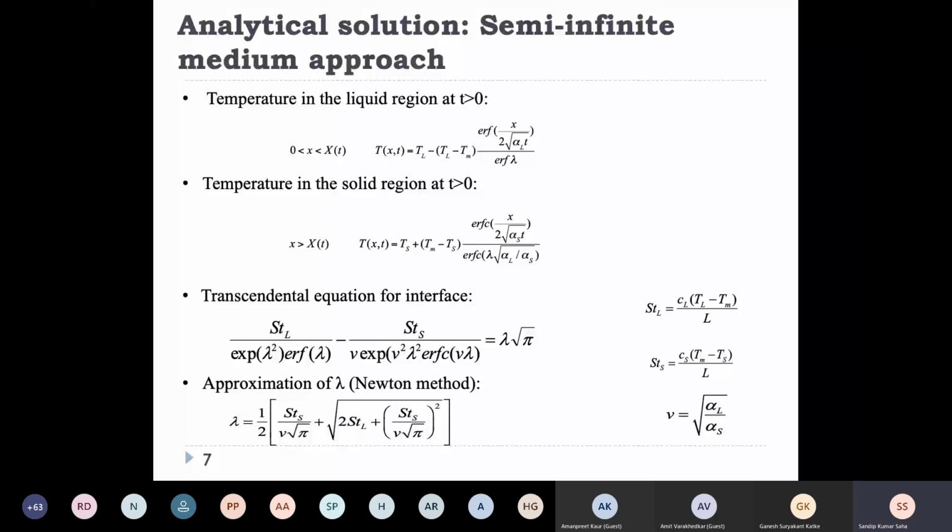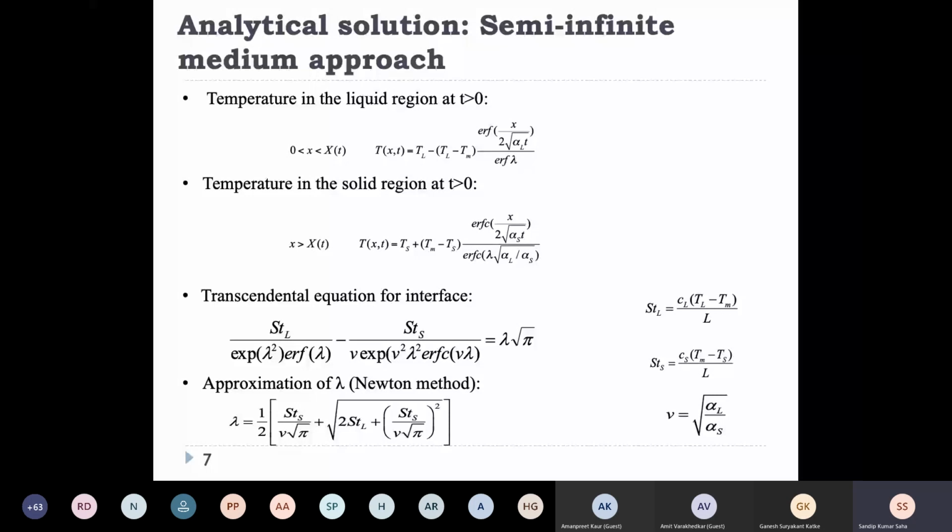Now, if I try to implement this in a numerical model, that means I have to track the melt front, so I have to devise my grid in such a way that it actually moves along with this interface to capture it. Otherwise, I cannot capture it. So that means I need to construct a moving grid instead of a stationary grid.